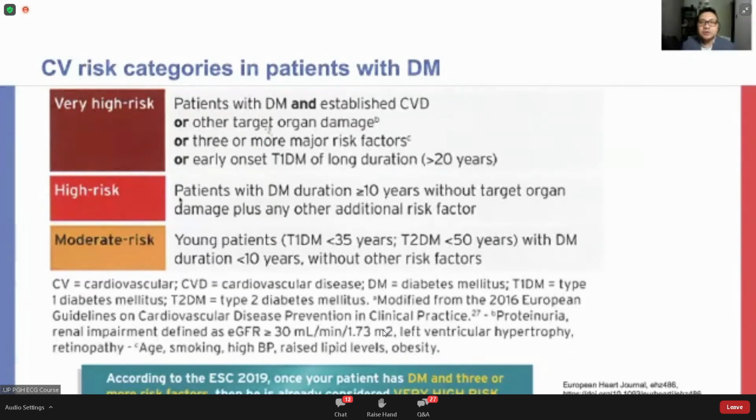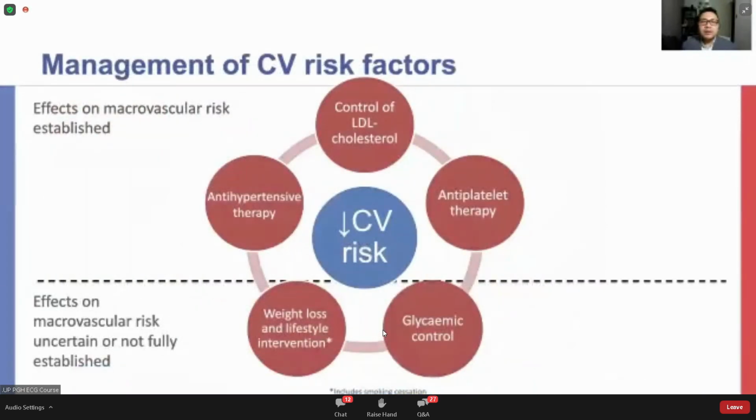Those are patients whose duration of diabetes is at least 10 years, and the diabetes is often with a background of established cardiovascular disease, or patients with 3 or more major risk factors together with the diabetes. With them being of high or very high risk, we must do risk factor control.